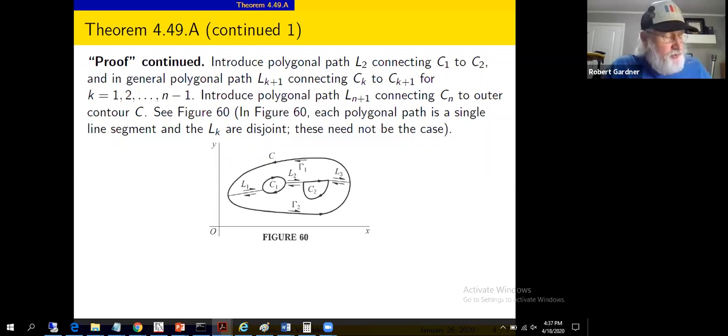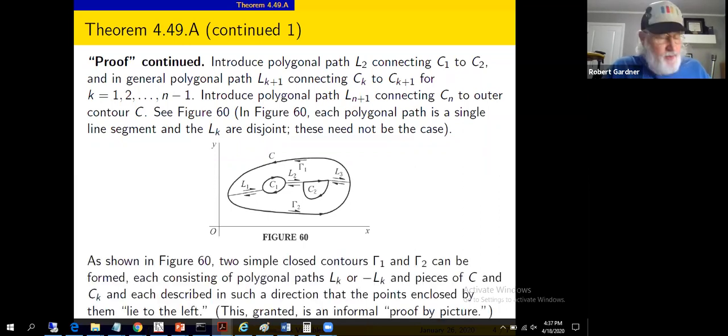They've introduced some more verbiage here. Gamma 1 and gamma 2 as simple closed contours. And we have this function f, analytic inside gamma 1 and gamma 2, and here's what those are.